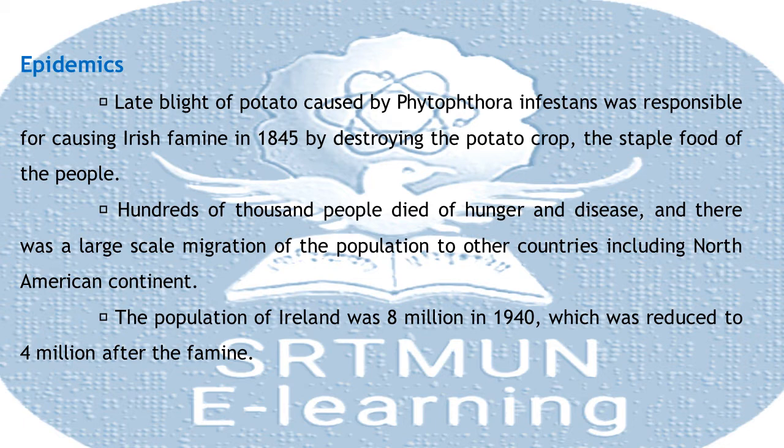Hundreds of thousands of people died of hunger and diseases, and there was a large scale migration of the population to other countries, including the North American continent. The population of Ireland was 8 million in 1840, which was reduced to 4 million after the famine.